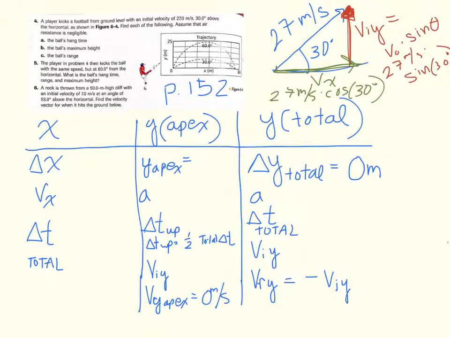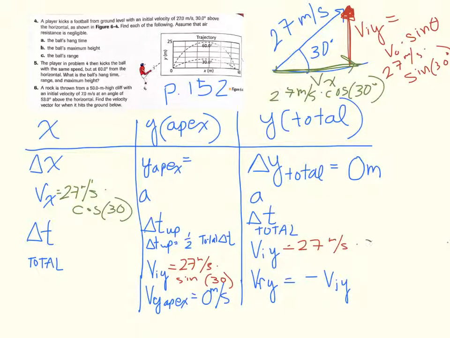So that's something that I can write in here. 27 will not go anywhere on this table, but I can put in 27 meters per second times the cosine of 30, and I can put in here 27 times sine of 30, and the same thing right here, 27 meters per second times sine of 30.